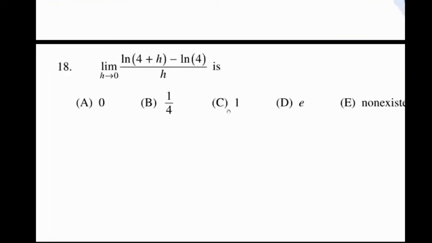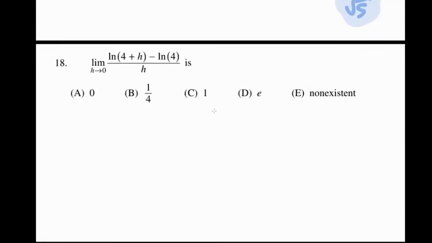What this really means, and I want you to see this pattern for these, is that this is really the derivative of ln x, and then you plug in 4. That's what this means.